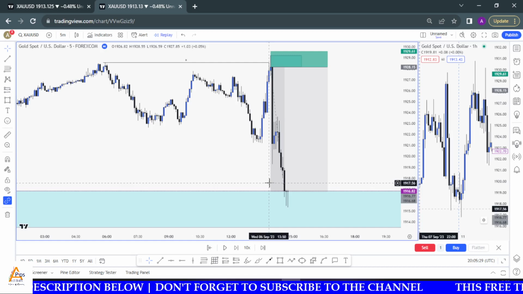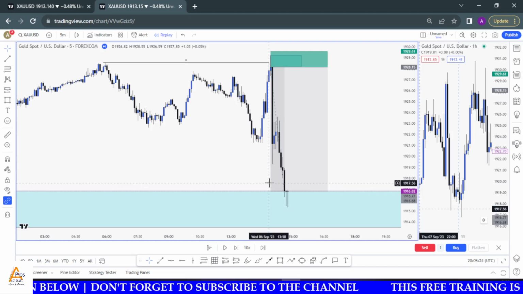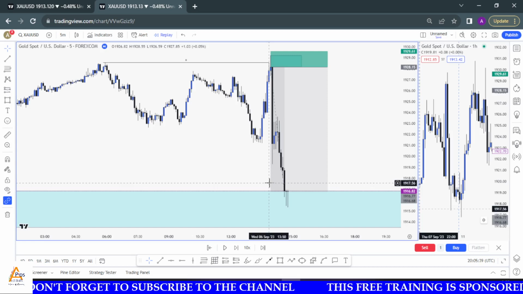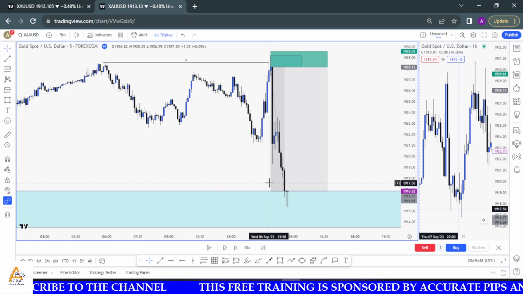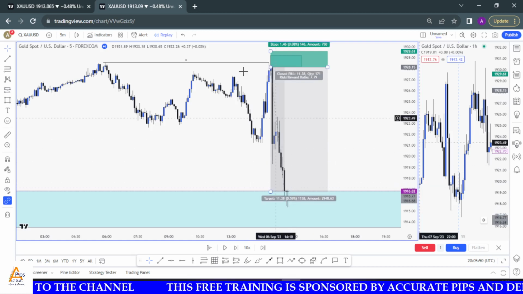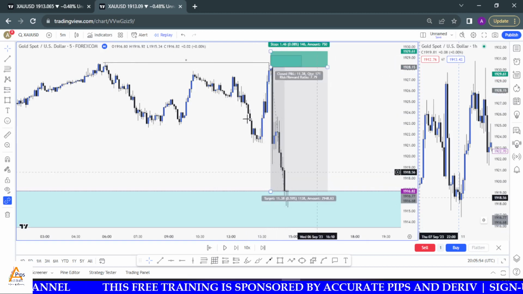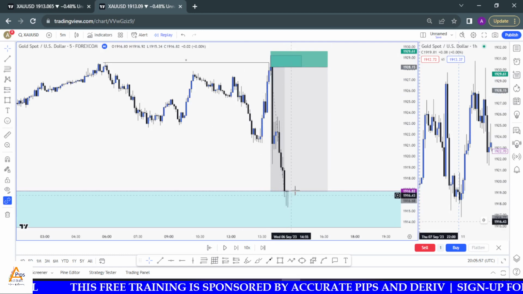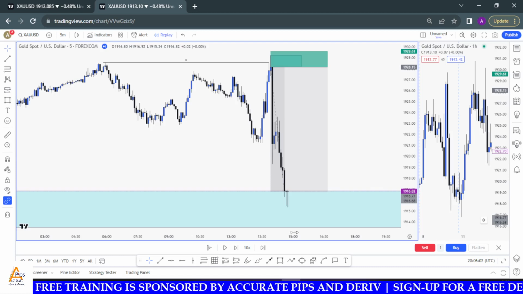So this is where I was talking about we need to wait for a change of character, and also a single candle order block formation, and then we also wait for inducement to form before we make our entry. But if we have this type of formation, the one we just had here, if we have that type of single candle formation here, then we can easily take our entry.